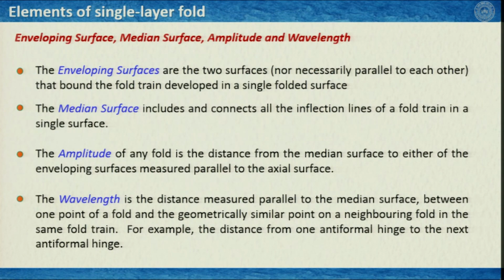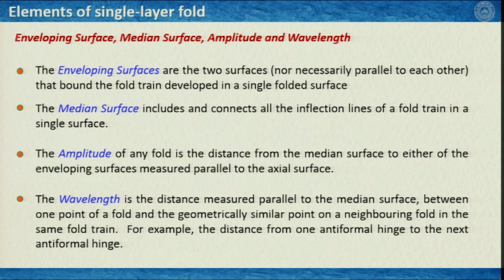As I said in the very beginning, the way the lecture would proceed, we first learned points, then we connected the points, we got the hinge line, we got the inflection line, and now we try to see if we can connect the lines in a way to define the fold's geometry in a much better way.